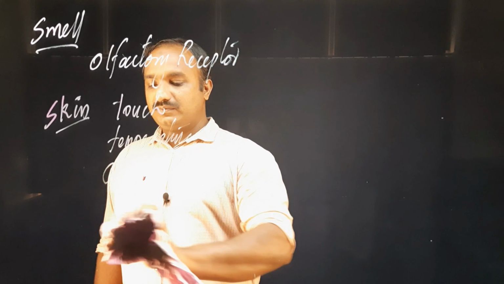Then impulses are generated and carried to the brain by the olfactory nerve. That name you study if you can. The olfactory nerve carries the impulse to the brain, or cerebrum. Then the cerebrum feels the sense of smell. Step by step you write first, then try to study.